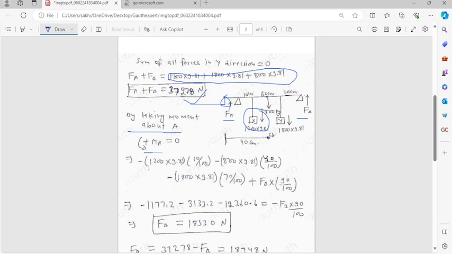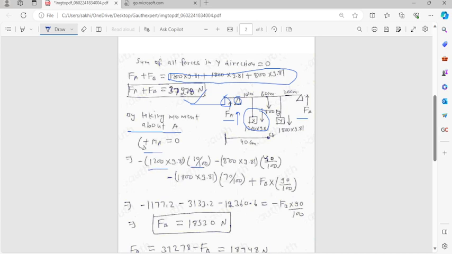So FA has distance 0, so FA multiplied by 0 is 0, no need to write it here. 1200 multiplied by 9.81, this weight is 10 centimeters from A. The moment is force multiplied by distance.